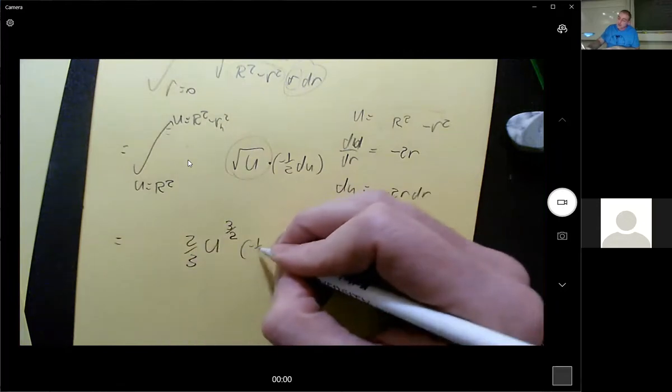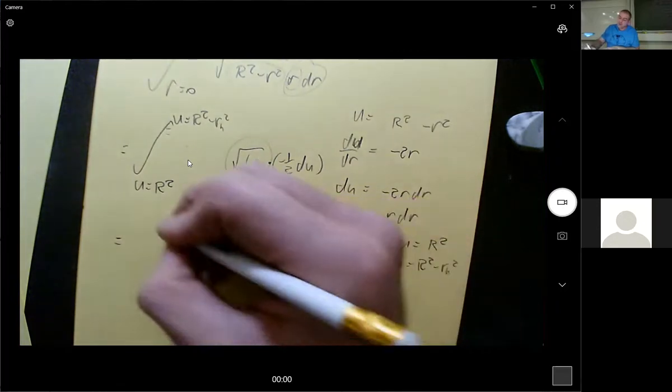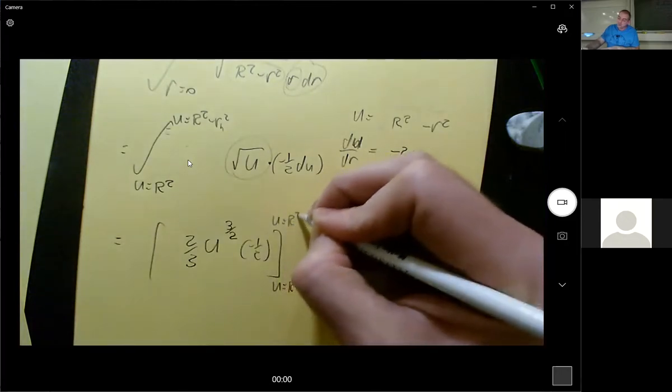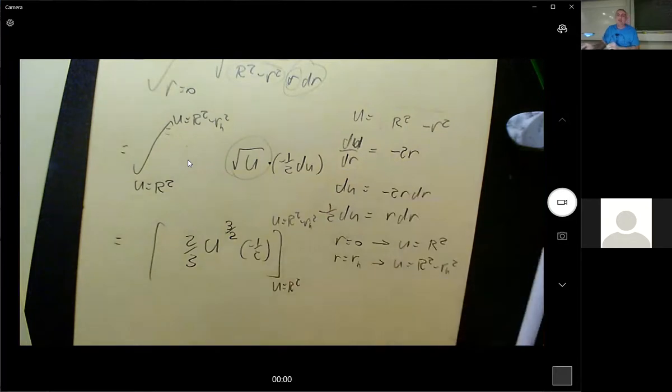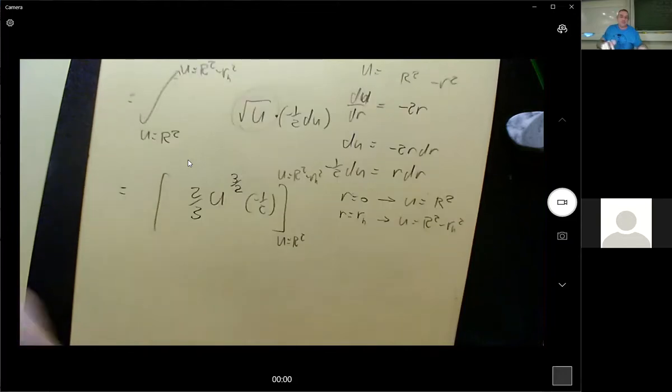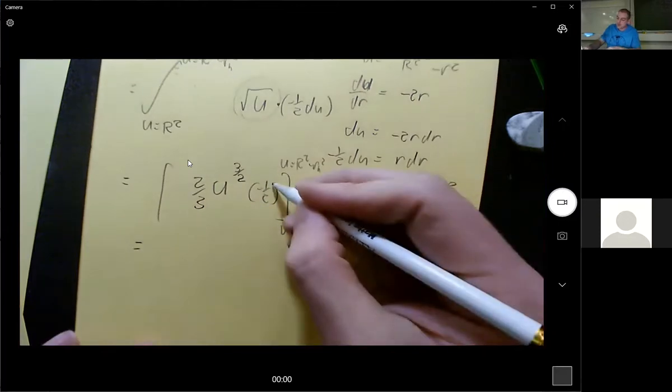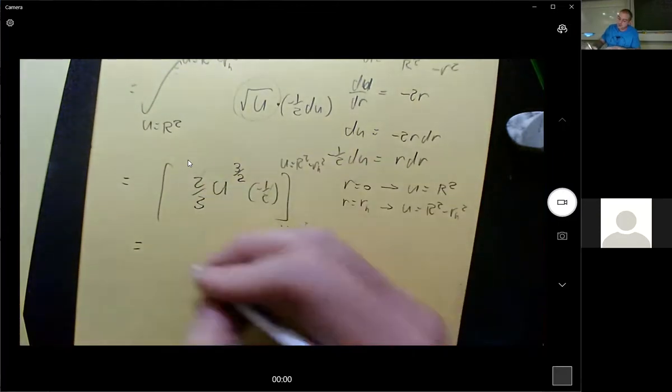The minus a half is multiplied on, so it'll still be there. And I'll have u equals r squared and u equals r squared minus rh squared. And that doesn't look fun at all. Okay. I guess that becomes minus a third.